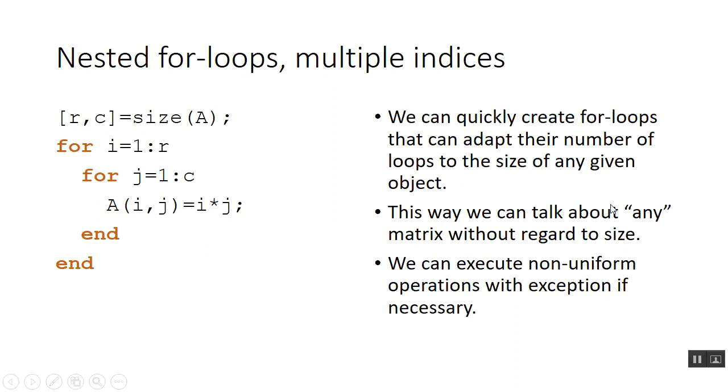We can talk about any matrix without regard to how big it is. And that way we can also execute non-uniform operations. If we can't use array programming, it's nice to use array programming, but a lot of times we want to do something kind of special in here that you kind of need to know where you are. So let's look at that.